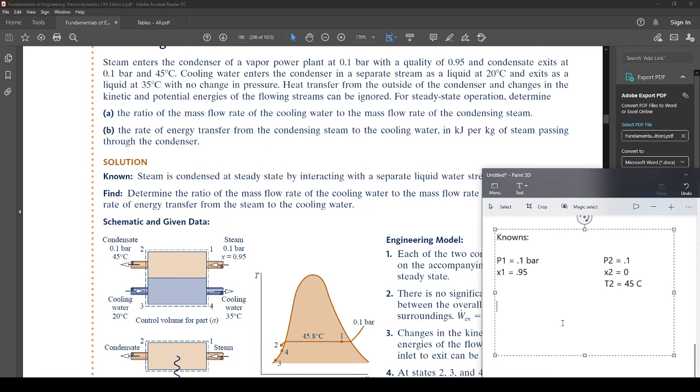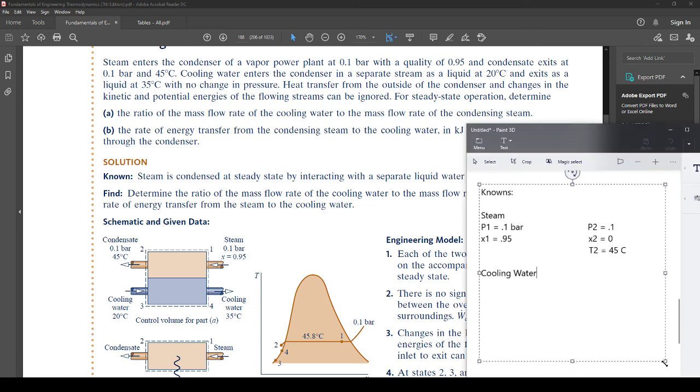Now, they've given us something else. I'm going to section this off here. This is the steam part, and this is the cooling water. You should section off what you know about each fluid, because if you interchange the two of them, you'll get confused.